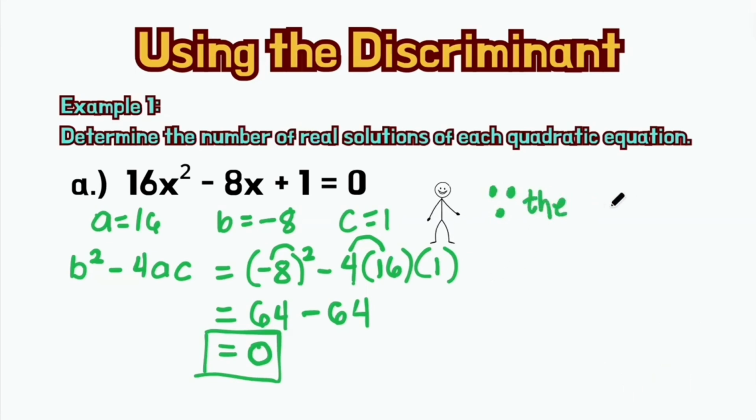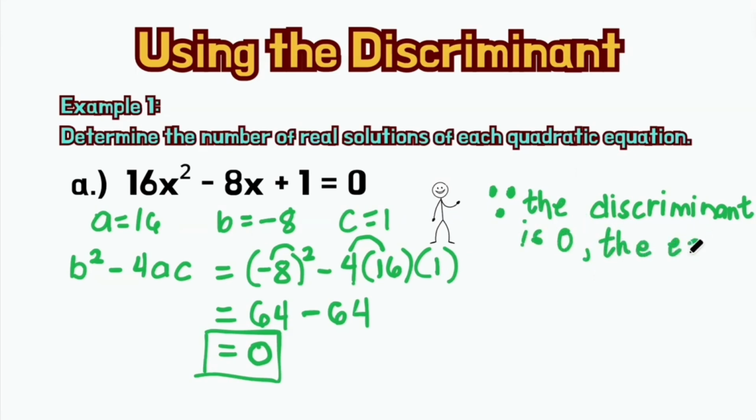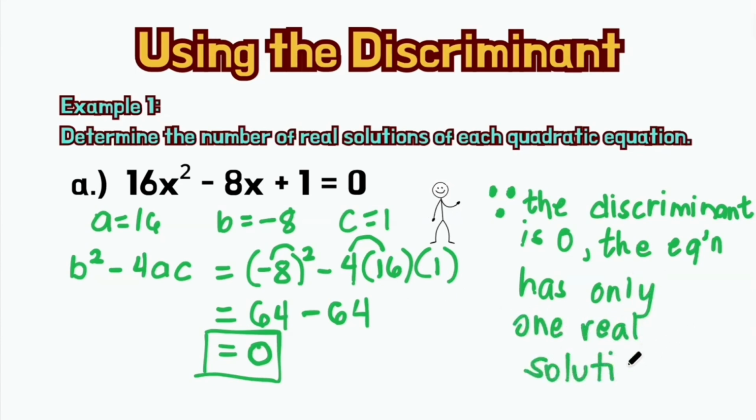Because the discriminant, or sometimes I use D na lang, is 0, the equation has only one real solution. So this is our final analysis.